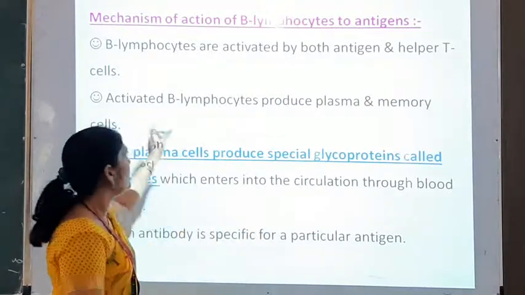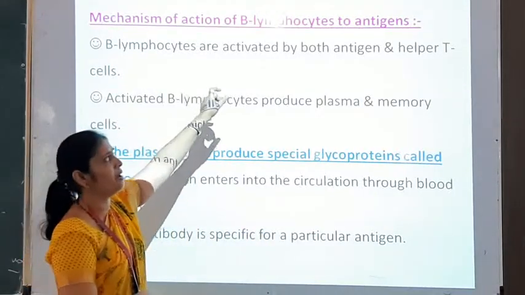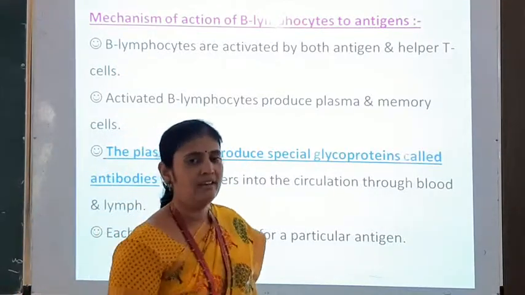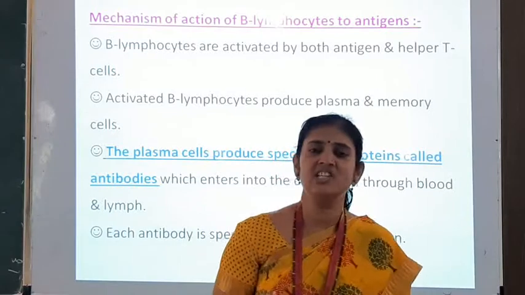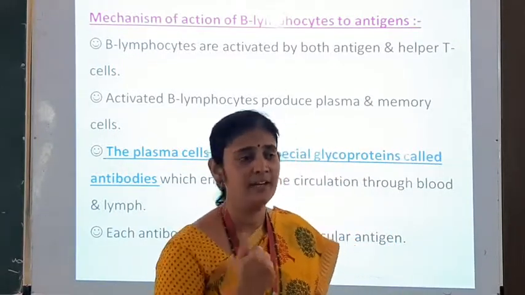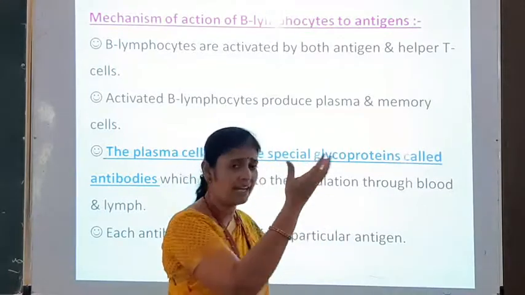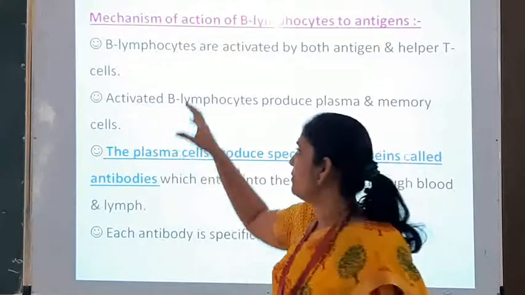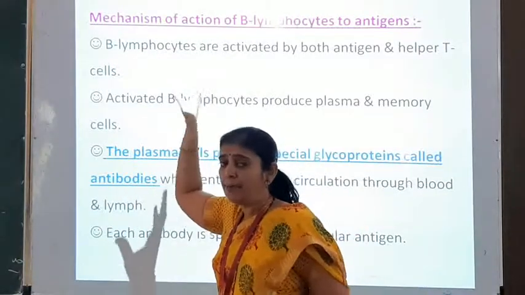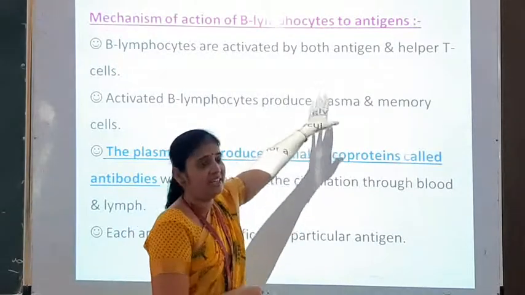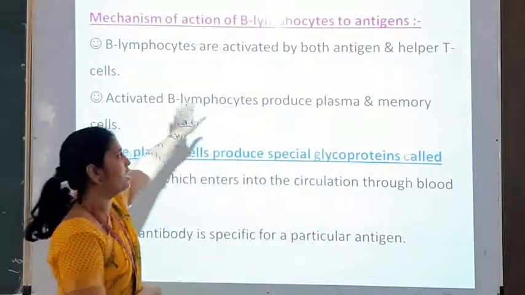So here, B lymphocytes are activated by both antigen and helper T cells. Means when any pathogen or any antigen comes inside our body, the helper T cells and that antigen both give stimulus to the B lymphocyte, and therefore B lymphocytes get activated by the antigen as well as the helper T cell.